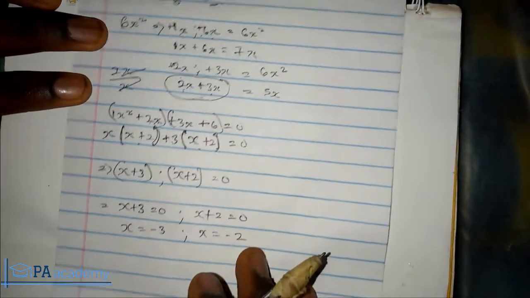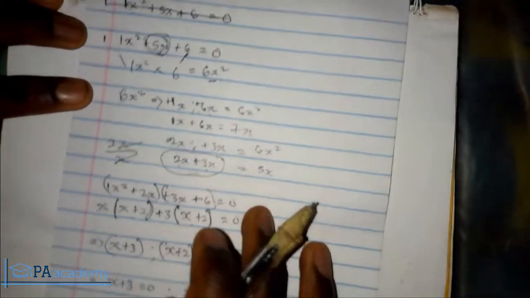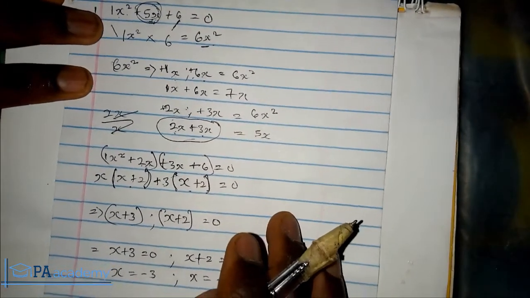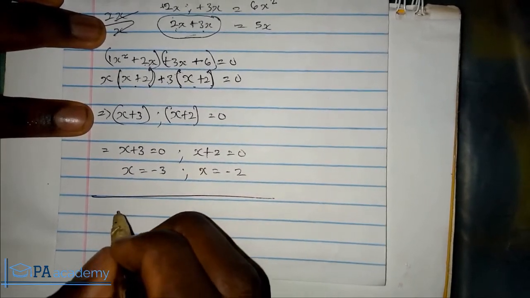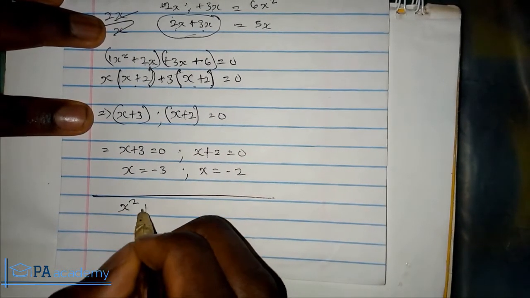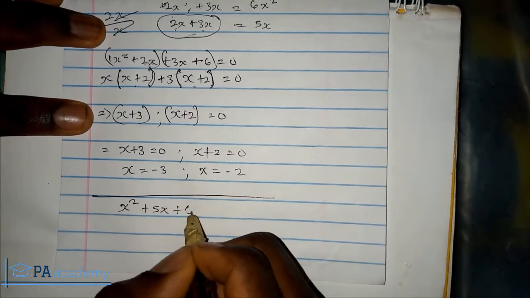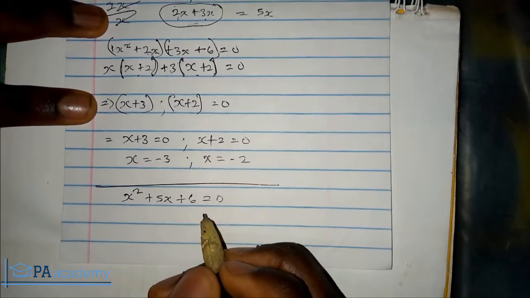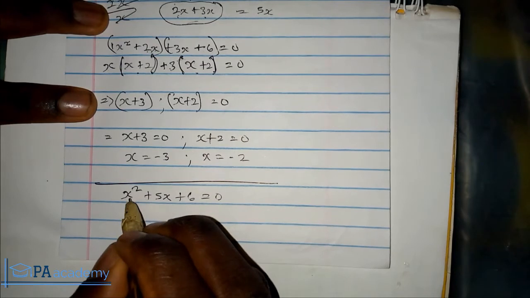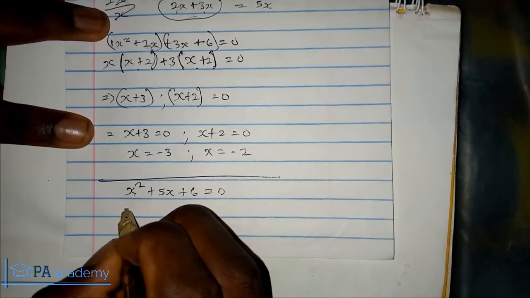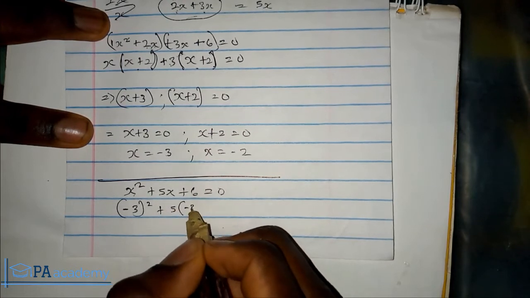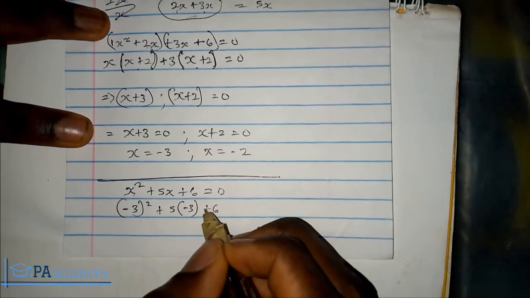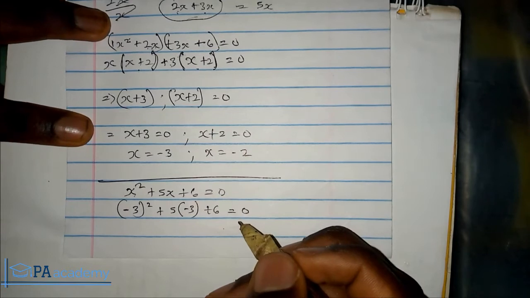So now when we put these values back into the initial equation, it will give us 0. Just to check, the initial question was x squared plus 5x plus 6 equals to 0. So let's replace x with minus 3. Here we have minus 3 squared plus 5 into bracket minus 3 plus 6 is equals to 0.